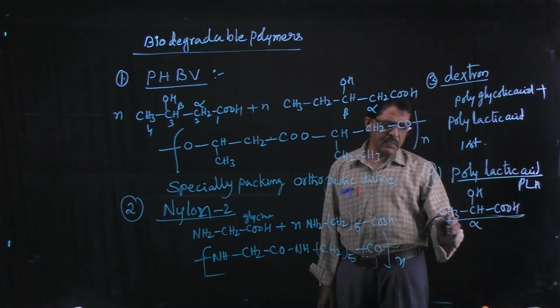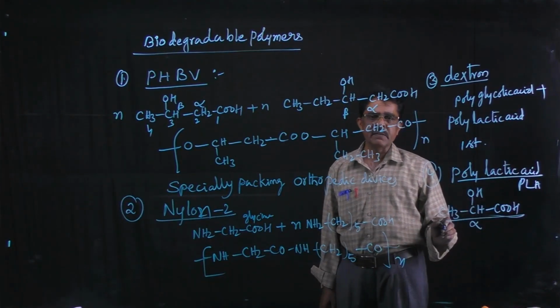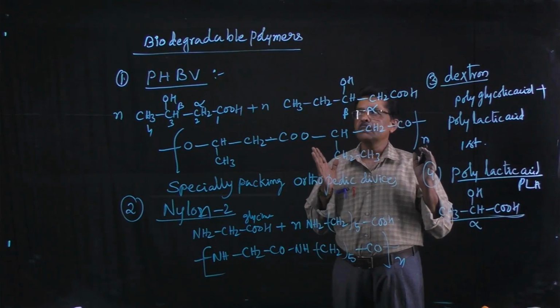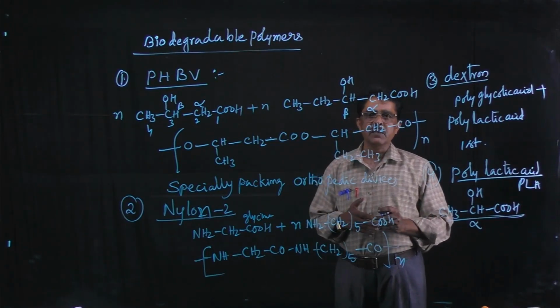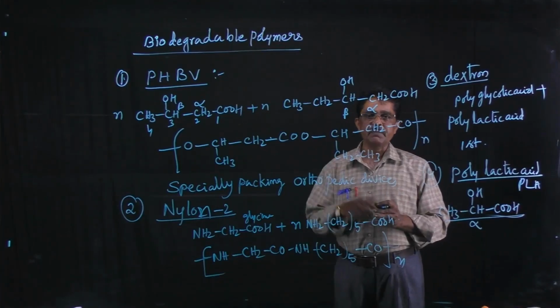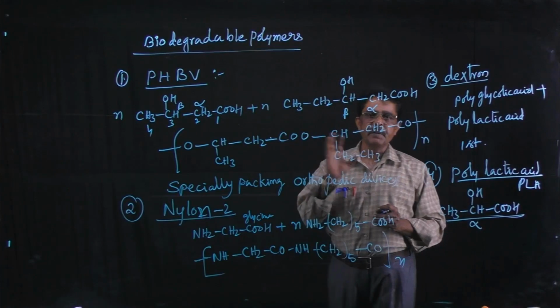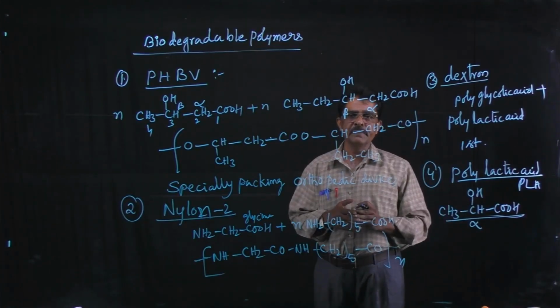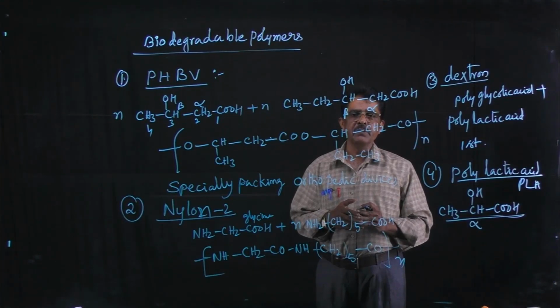Alpha hydroxy propanoic acid. Right? Understand? These are the what? Biodegradable polymers. Students, I hope that you can understand about the polymers, classification of polymers, and preparation of polymers and their uses, right? Understand? Thank you one and all.